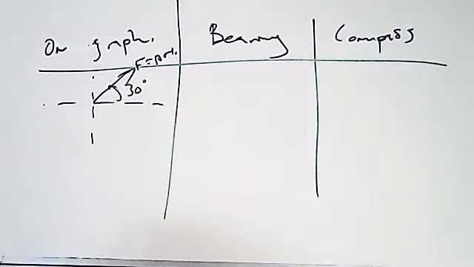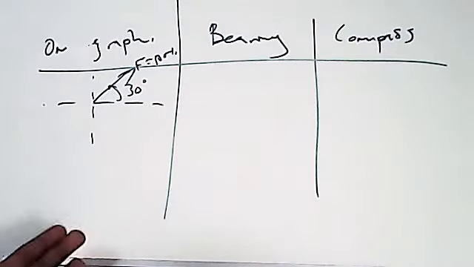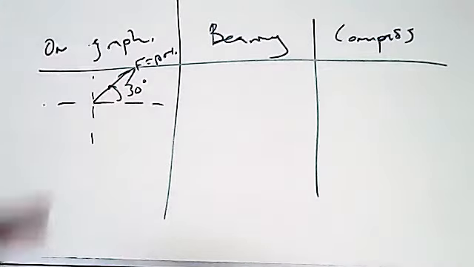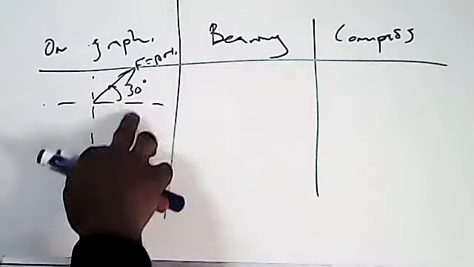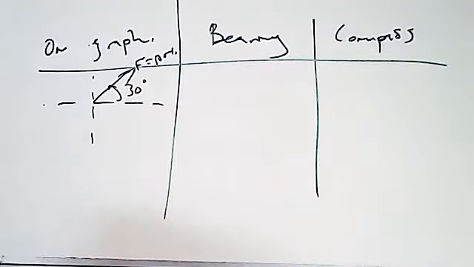So when you find your answer and you're writing it down, you simply say it's 10 newtons at 30 degrees above the positive axis. So on the graph, we simply say 30 degrees above positive axis or 30 degrees below positive axis, right? That's all you say.